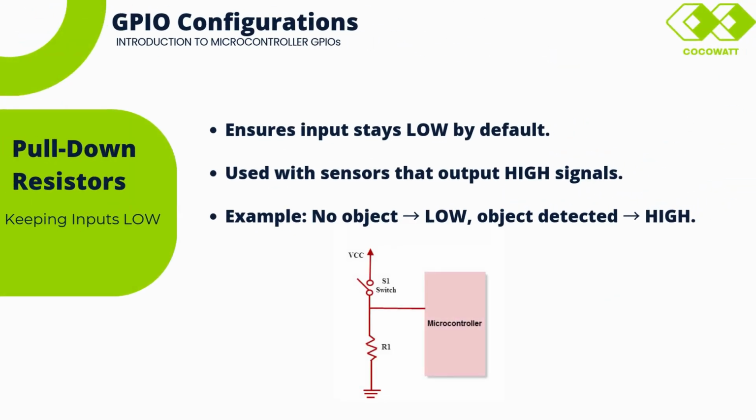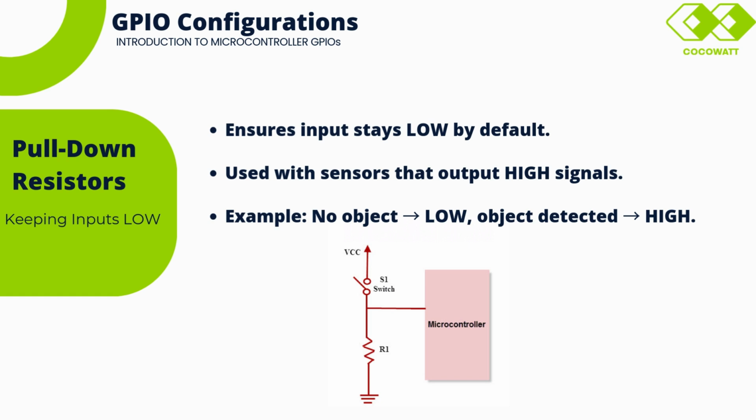Pull-down resistor. A pull-down resistor does the opposite of a pull-up resistor. It ensures that an input pin stays logic 0, which is low, when no active signal is applied. For example, some sensors output a high signal when they detect an object. A pull-down resistor keeps the input low when no object is detected, preventing floating voltages.